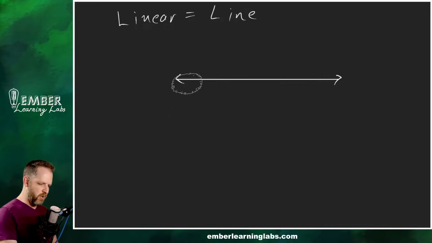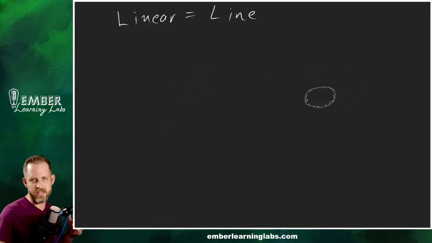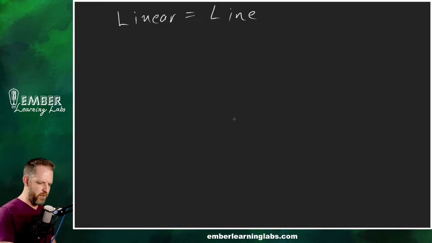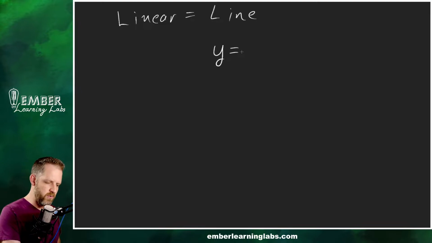Now, from an equation, what makes it a linear function? Because that can be more useful, because a lot of times we are given a function written out in y equals or f of x equals notation. A linear function is one in which the highest power of the x term is to the first.